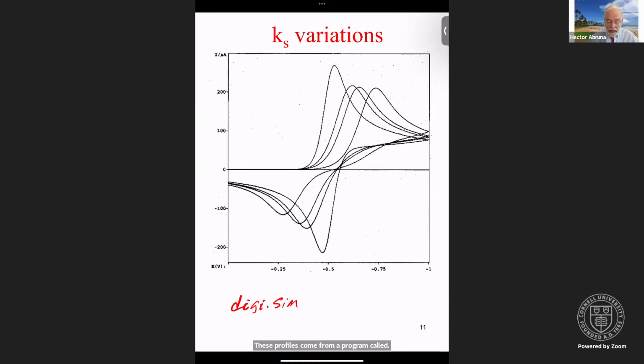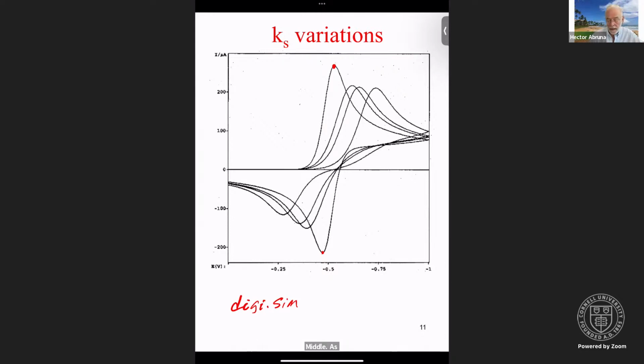So what we're presenting here is the voltammetric profiles as a function of Ks. So this guy here is fast Ks, and you can see that the profile looks very nice. The delta E peak is basically 59/n millivolts.